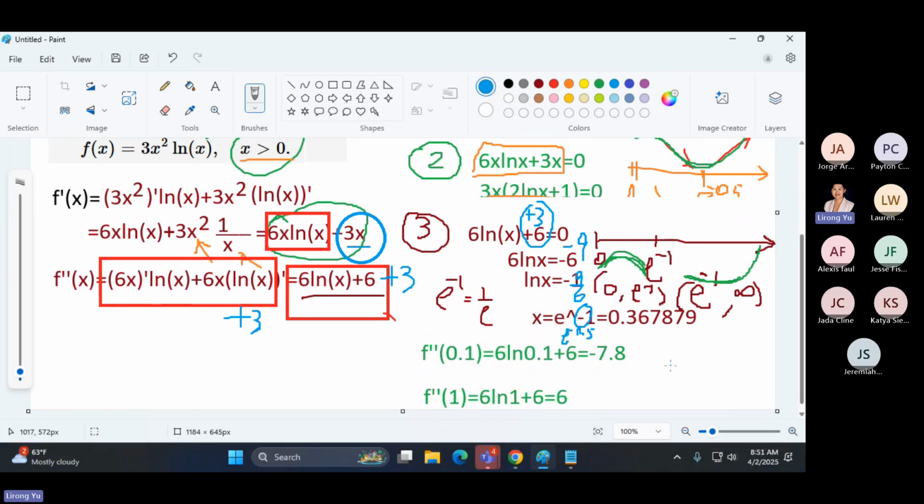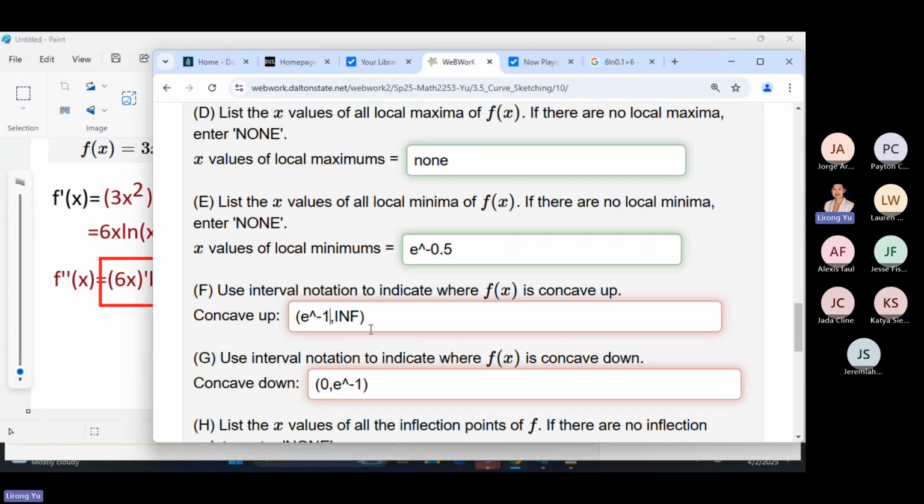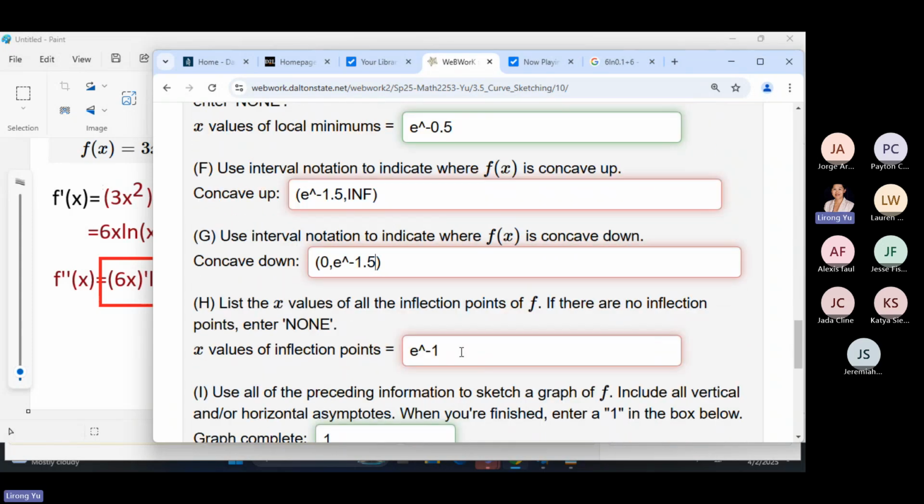So then the critical point actually happens at e to the negative 1.5, and the +3 changes it to a 9, and that will affect how we calculate it. I miscalculated the second derivative.